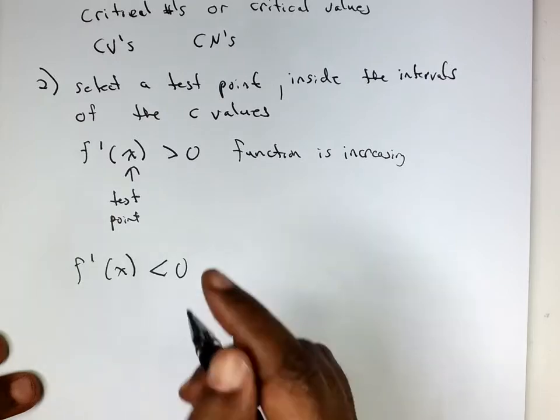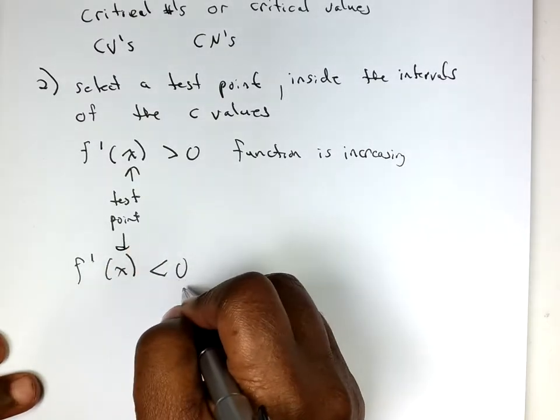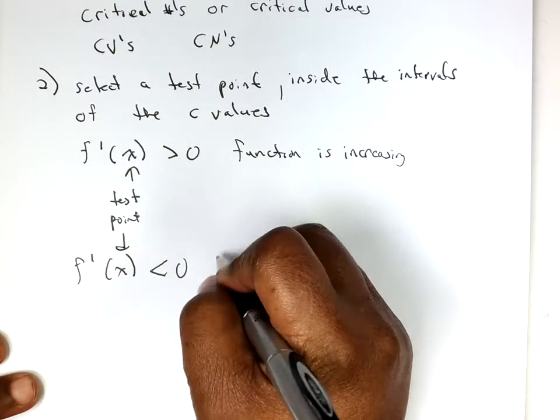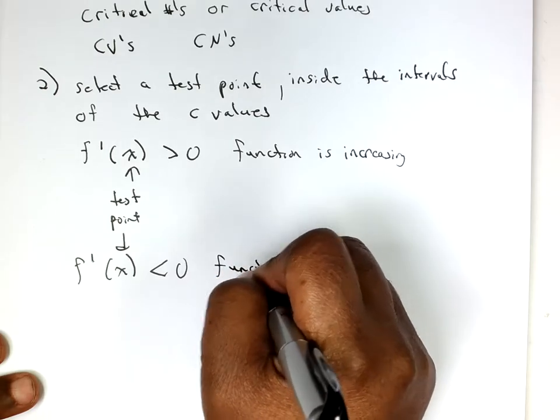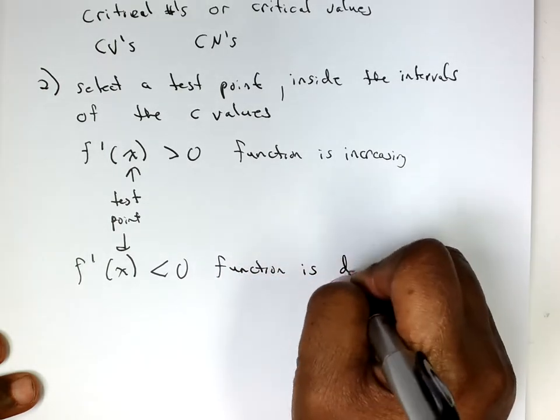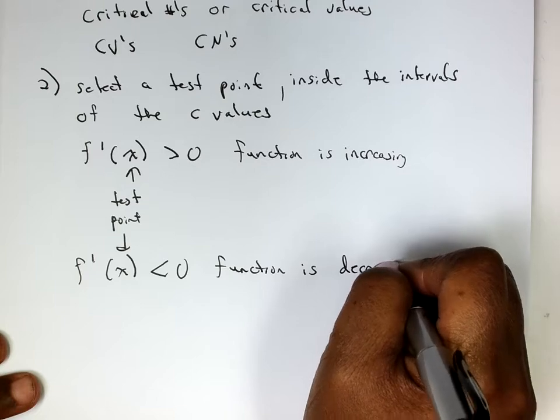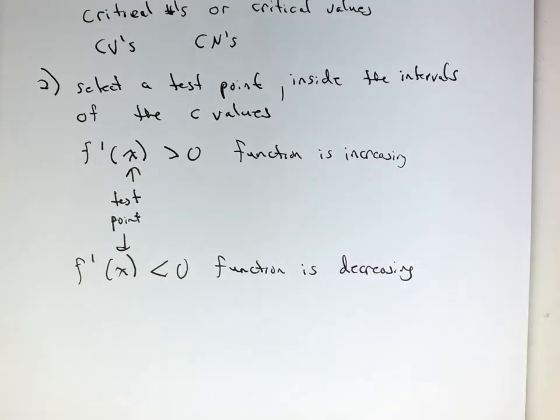If that test point is negative in the interval, the function is decreasing. So again, we have to find where it's 0 or undefined, and then we're going to just pick stuff in the interval, and I'll show you an example in a second that we're actually going to be evaluating those at.